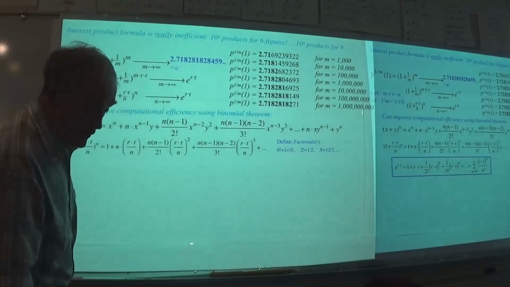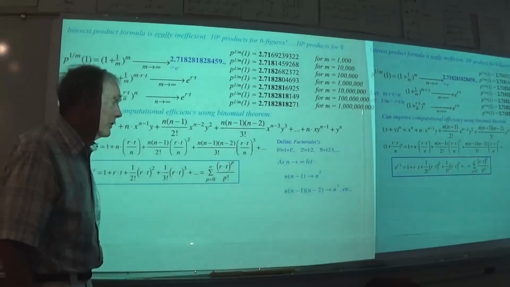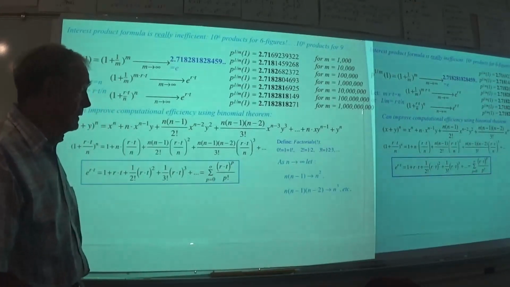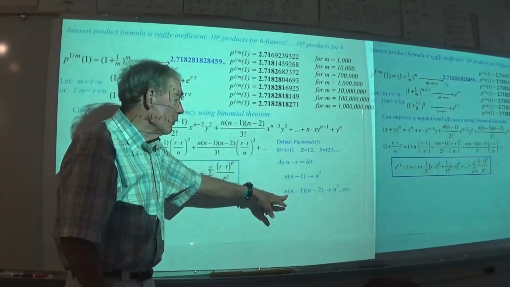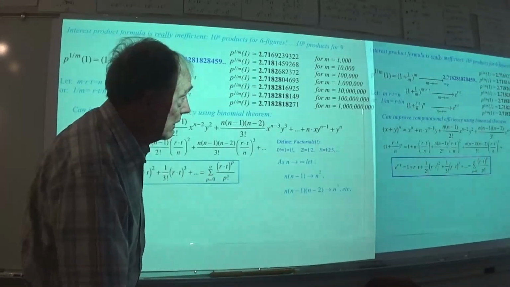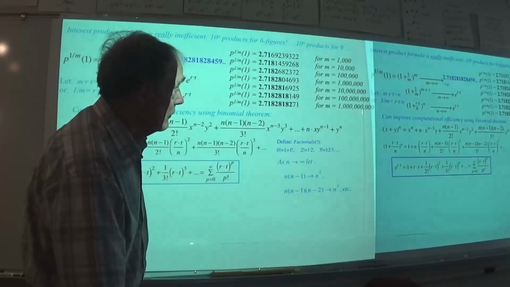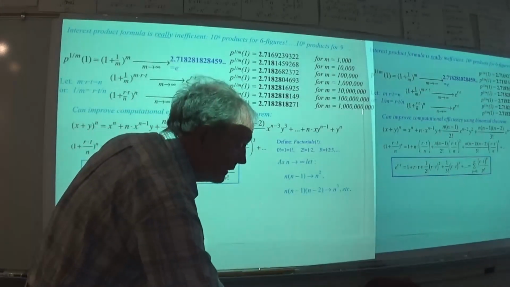The whole thing that makes this work is another limit: as n gets really large, this binomial or trinomial, or 3-factor thing, will be getting closer and closer to just a power of n.